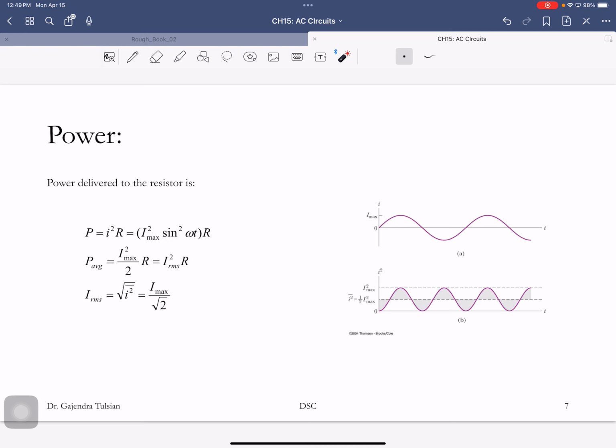The frequency that you get out of the wall is 60 hertz. So you have 120 peaks, like that. So if you have one of those incandescent bulbs at home, that bulb is flickering 120 times a second.